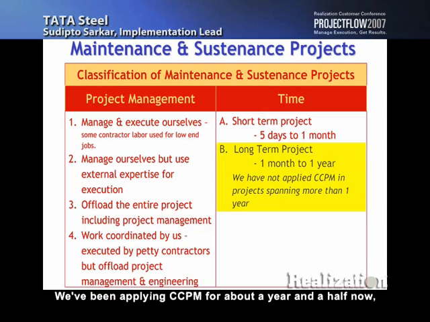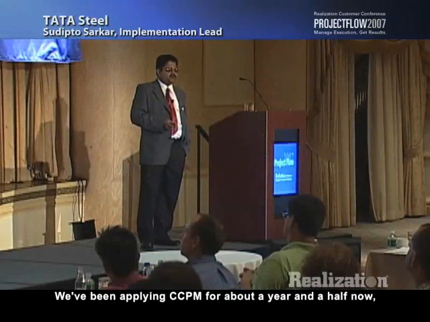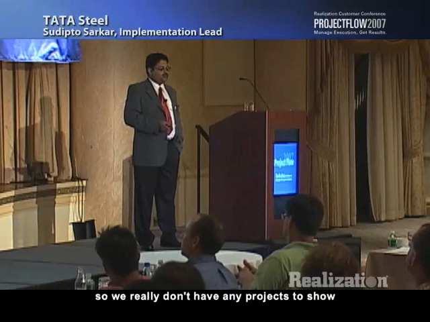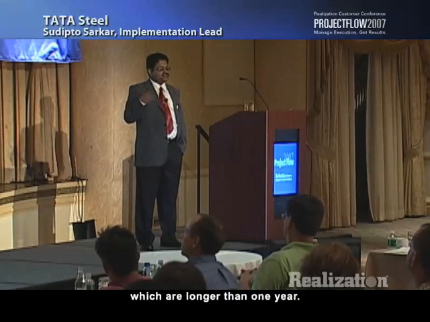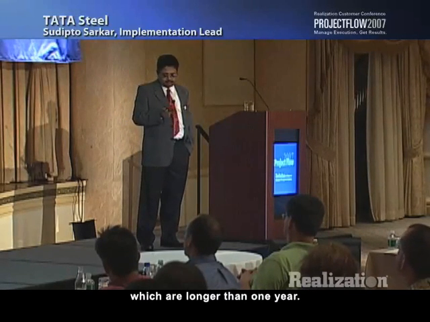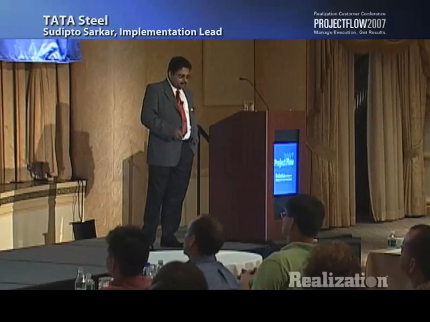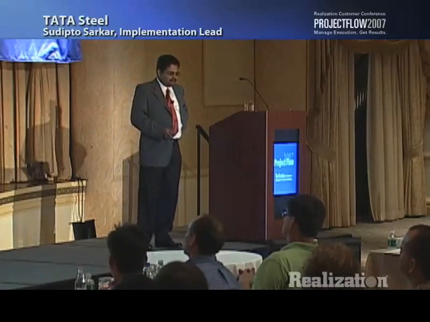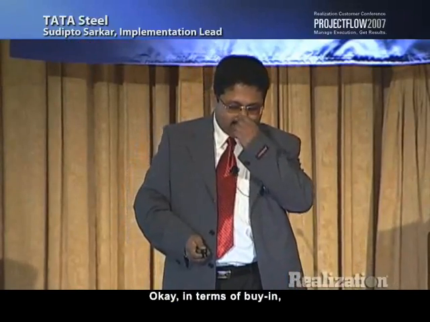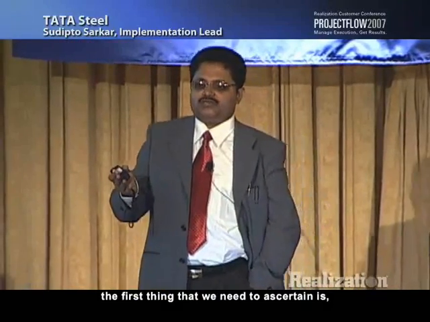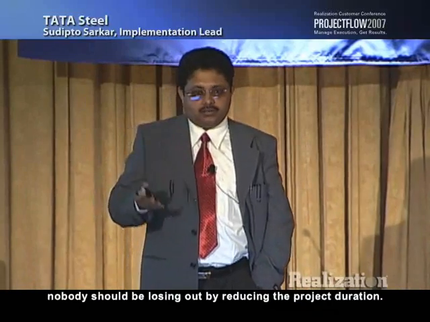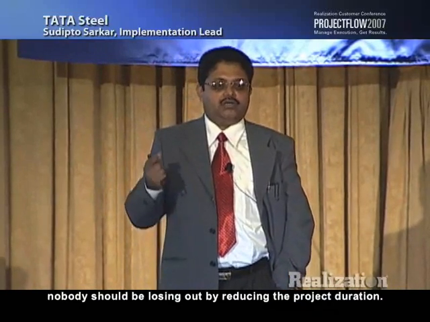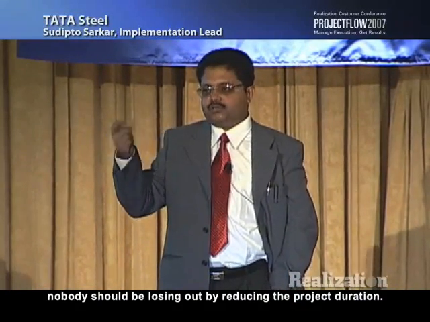We've been applying CCPM for about a year and a half now. So we really don't have any projects to show which are longer than 1 year. Right, what are the buy-in obstacles? In terms of buy-in, the first thing that we need to ascertain is nobody should be losing out by reducing the project duration.